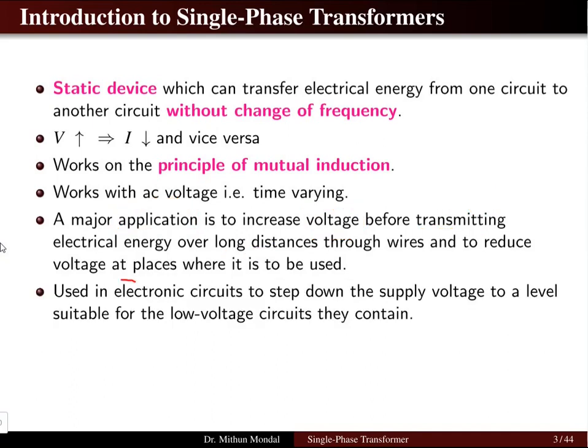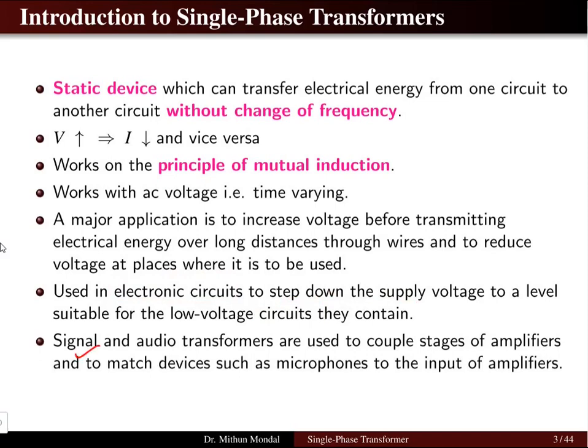The application of transformers in electronic circuits is to step down the supply voltage to a level which is used by the low voltage circuit. Generally, in electronic circuits, the voltage requirement is very low. When we talk about the signal and audio transformers, there are various coupling stages of amplifiers, and to match such devices, like microphones, to the input of the amplifier, we require transformers.